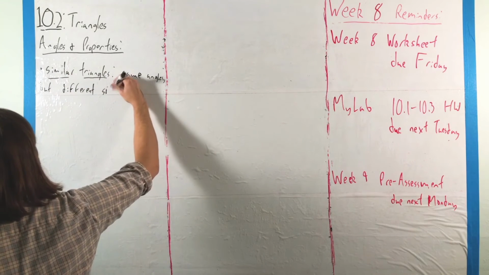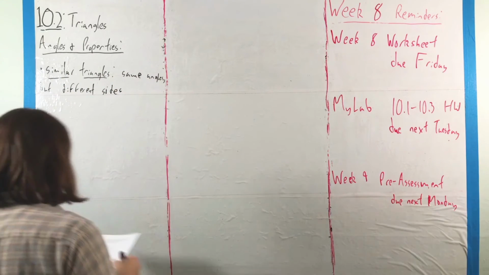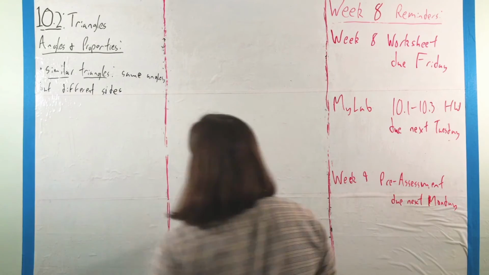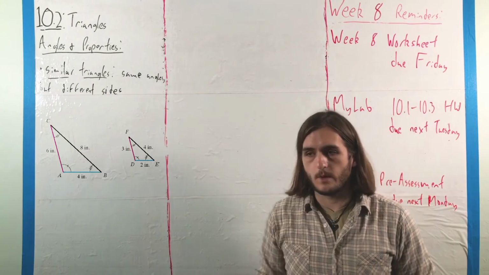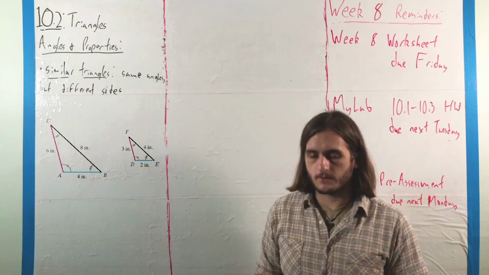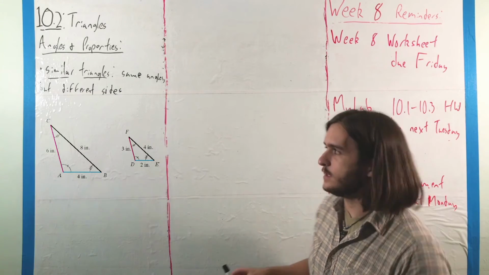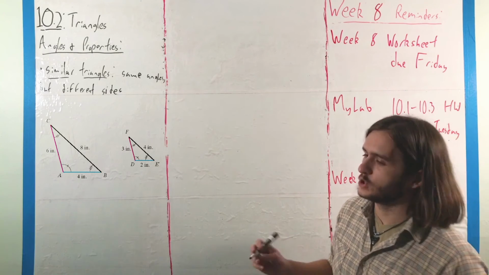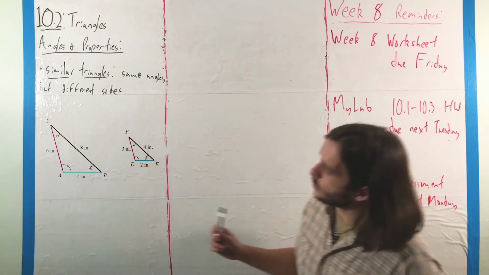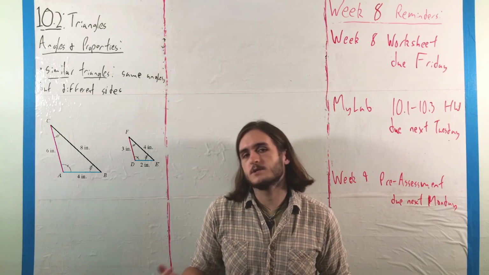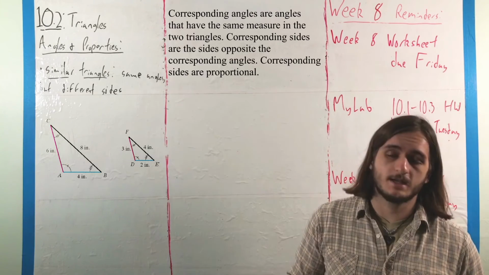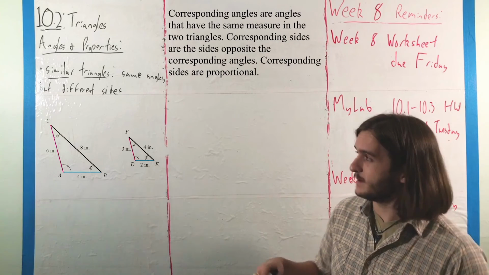So for that, we can think of a picture something like this, where for that type of relationship between the 2 triangles, we say that corresponding angles are the ones of the same measure, and corresponding sides are the sides opposite the corresponding angles.